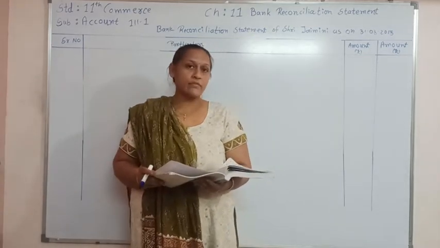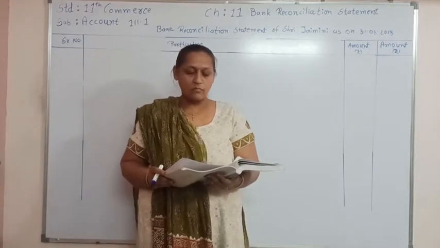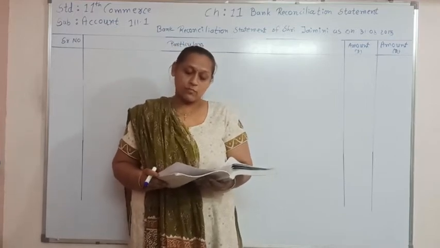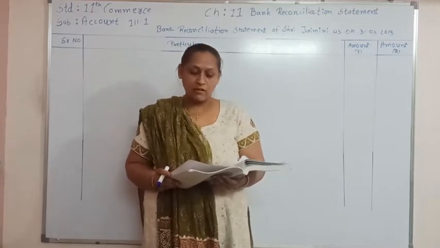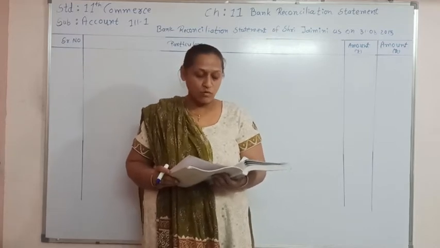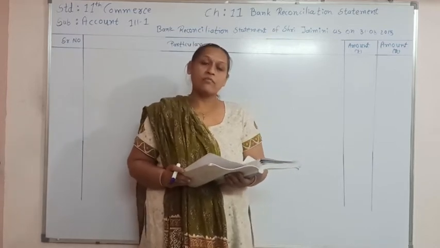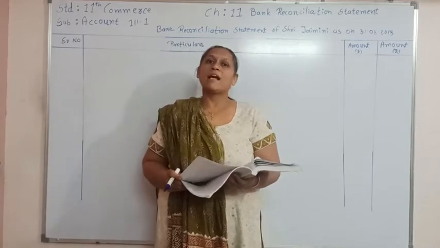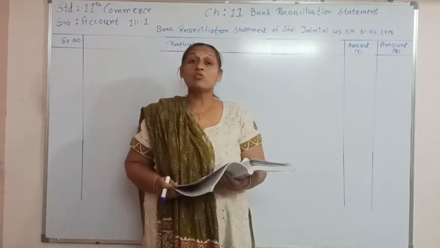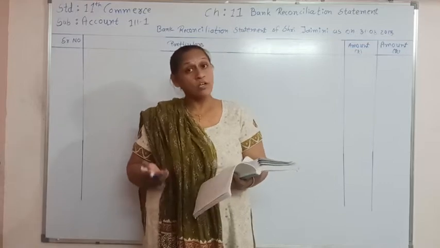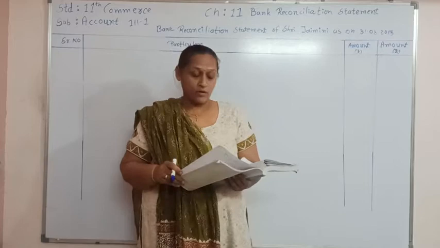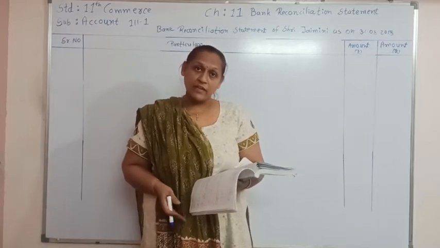On 31st March 2015, as per the cash book bank column, the debit balance was 12,000, whereas as per the passbook it was a credit balance of 8,300. So there is a difference between the balance as per cash book and passbook. We can start the sum from the cash book as well as the passbook, as we discussed before, so we can start from any side.